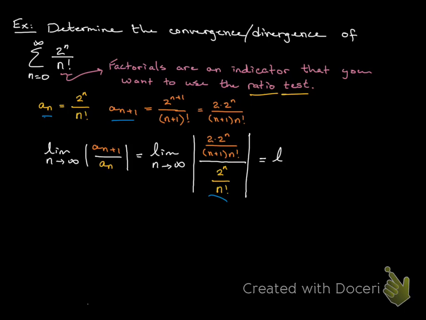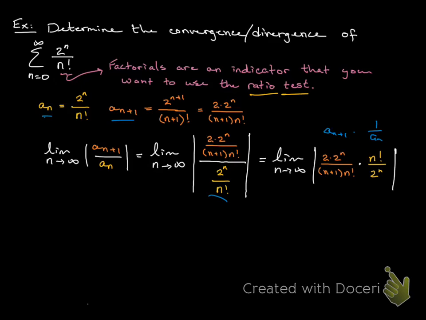To simplify this, I'm going to multiply by the reciprocal of that guy. So you'll see this a lot of the time where you have a sub n plus 1 times the reciprocal of a sub n. So this is, excuse me, what do I have here? A sub n plus 1 times 1 over a sub n. We're going to do that just about all the time.